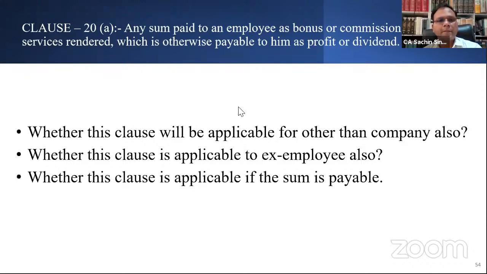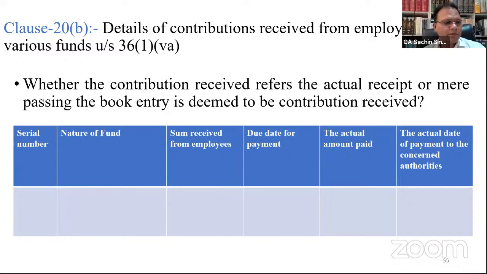Coming to the next point. This is again very important and very widely debated amongst the professionals. Assuming I received employee contribution during the previous year, what would be the position? The moment you receive the employee contribution, it becomes your income as per section 2(24), and after making payment, it is allowed as deduction.